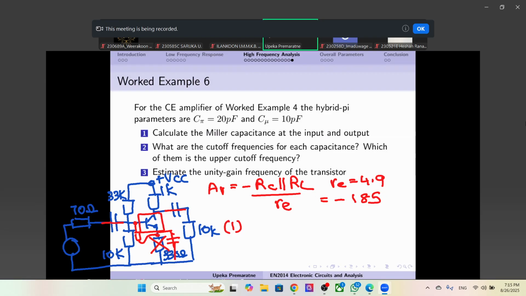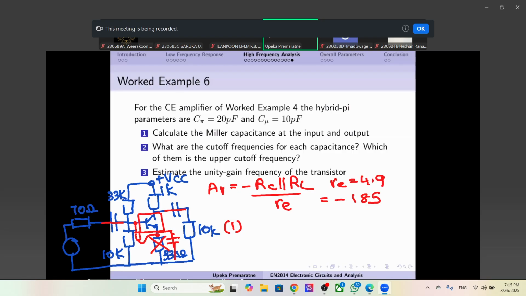Because I calculated these values before, I'm not going to spend time on them again, but later on when we do other examples, I will do it.